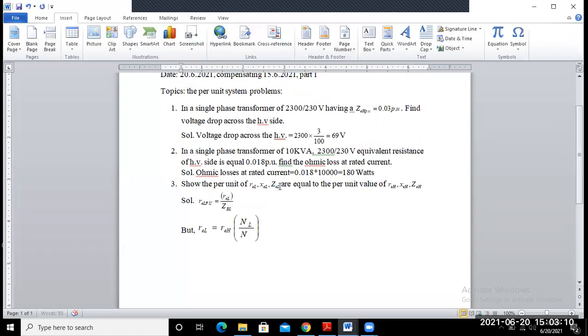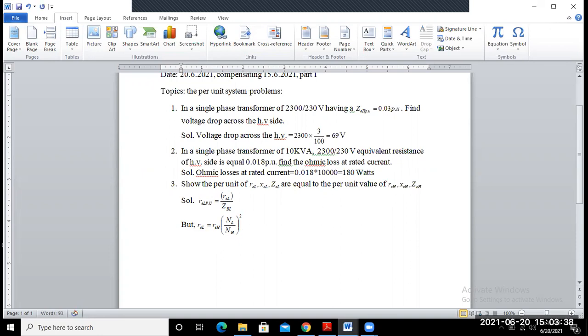So if you put this value of R_EL in equation number 1, then you will get R_EH divided by the base impedance of the low voltage side into the number of turns of the low voltage side divided by the number of turns of the high voltage side, whole to the power 2.